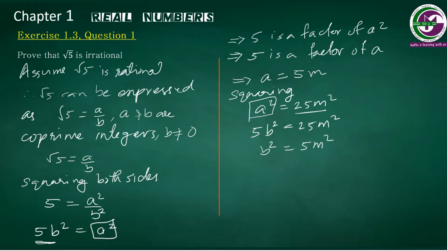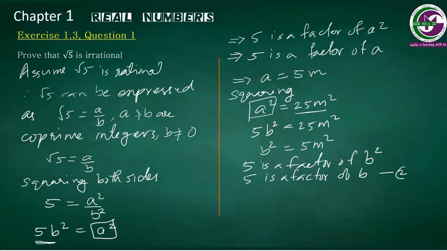Means b square is a multiple of 5, or 5 is a factor of b square, which means 5 is a factor of b. So this is equation number 2 and this is equation number 1.